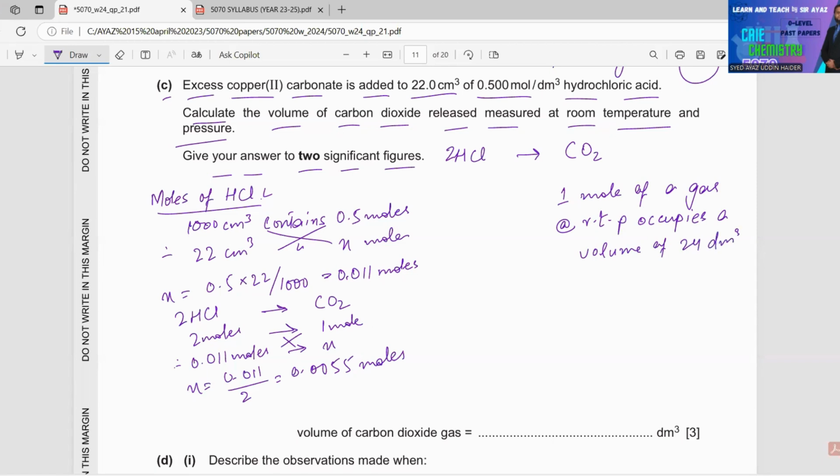So we need to multiply the moles by 24 in order to calculate the volume of carbon dioxide. 0.0055 multiplied by 24. The answer is 0.132 dm³.